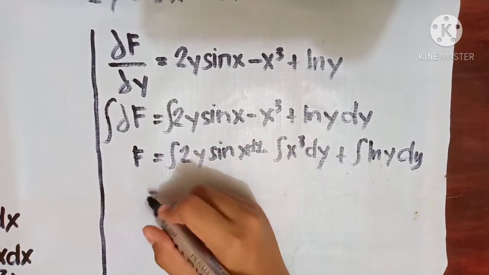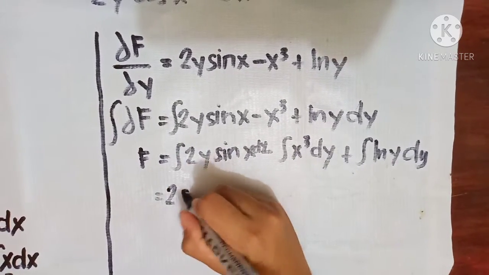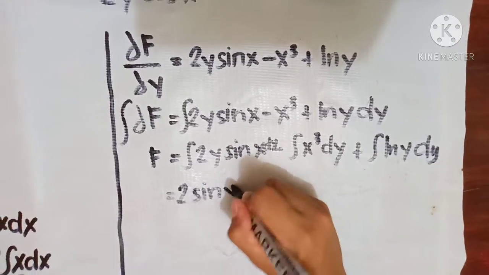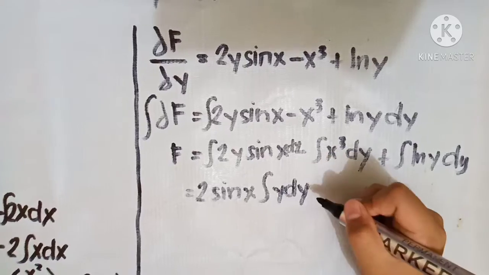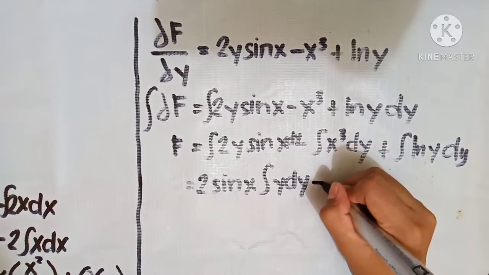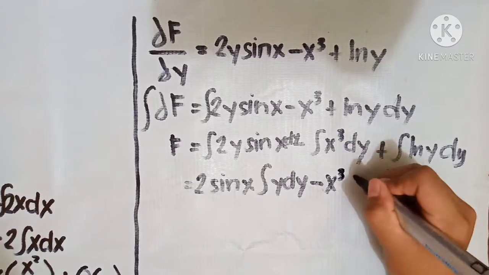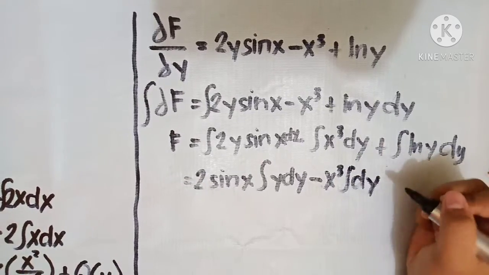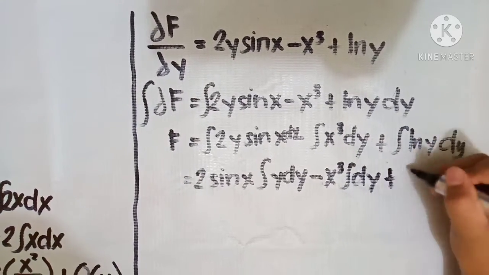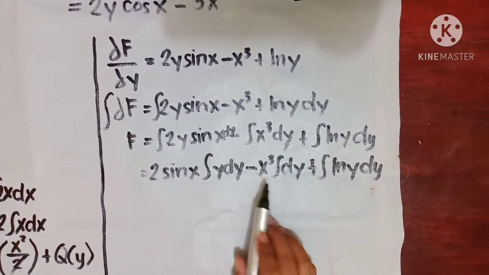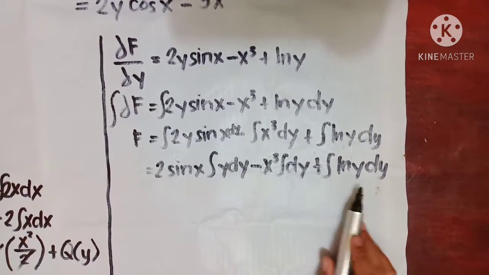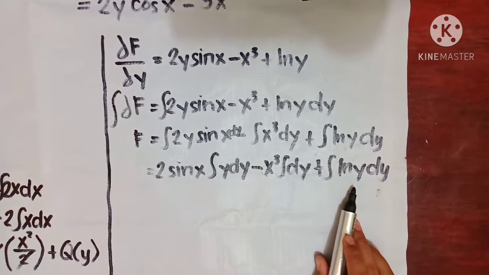It will become 2 sine x integration of y dy minus x cubed integration of dy plus integration of ln y dy. These two are easy to integrate, and this one is yet complicated, so we will do the integration by parts.